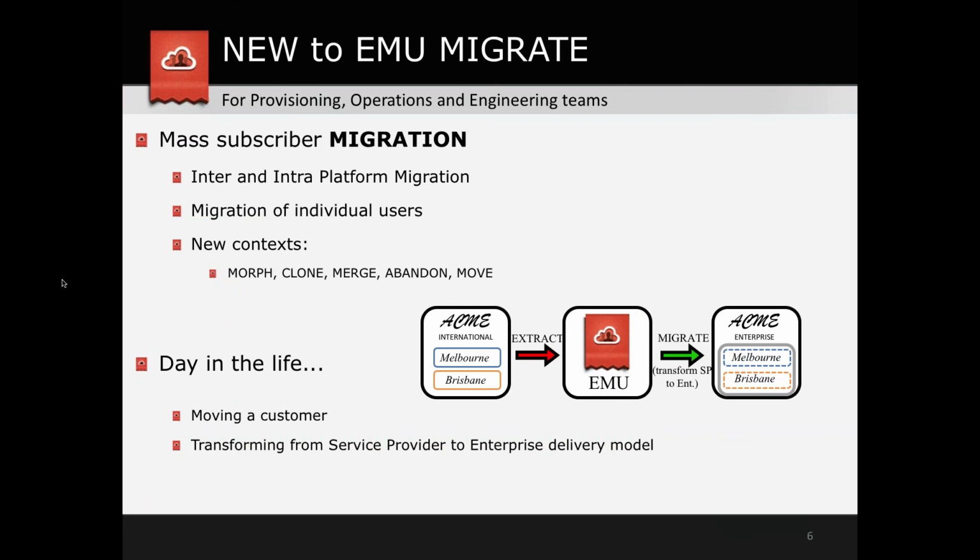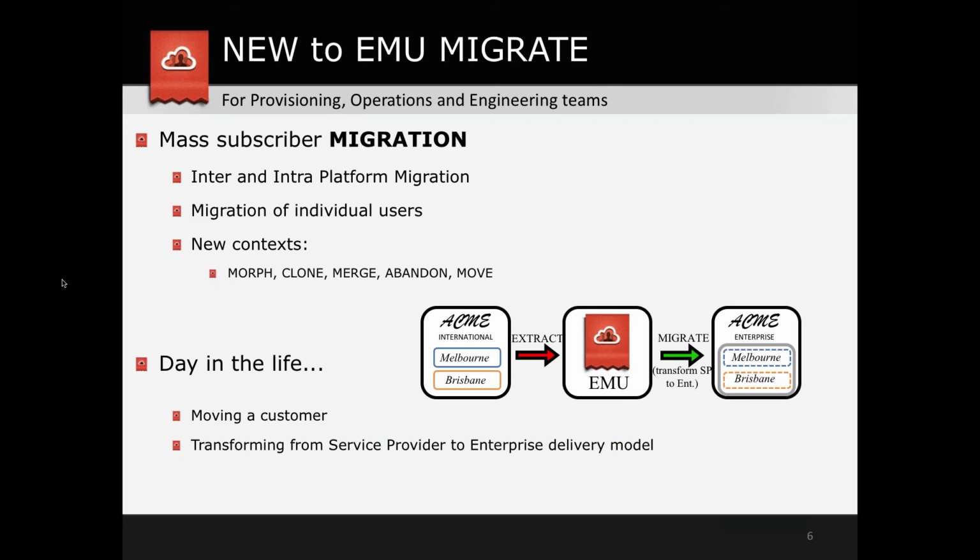So they move from multiple groups sitting in a service provider model into groups within an enterprise architecture. And EMU supports the ability to migrate groups from a service provider construct into an enterprise construct so that the customer could then take advantage of some of the shared functions.